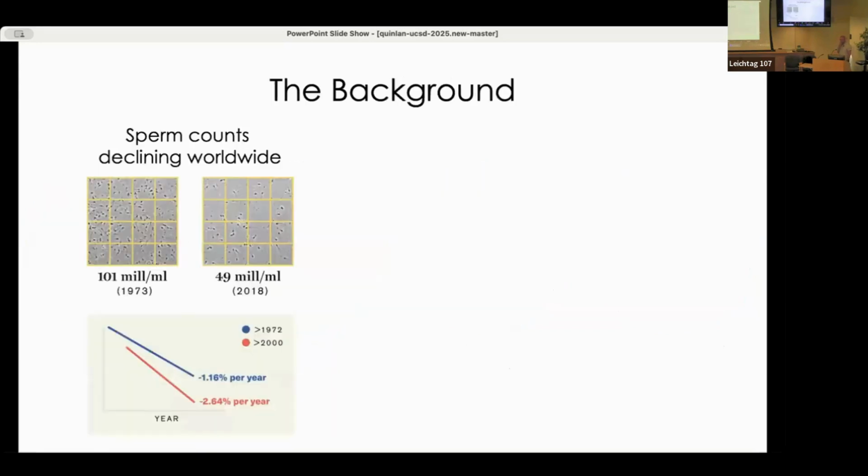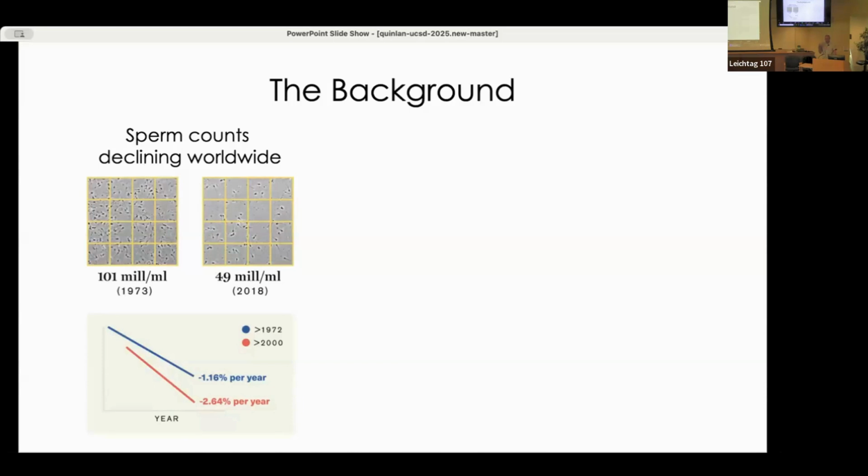Okay. So the setup for this is a couple of things. One, you may be aware of this, but sperm counts are declining in almost every country around the world. And there's some argument that it's controversial, but the argument is that the rate of decline is actually increasing, has since roughly 2000.